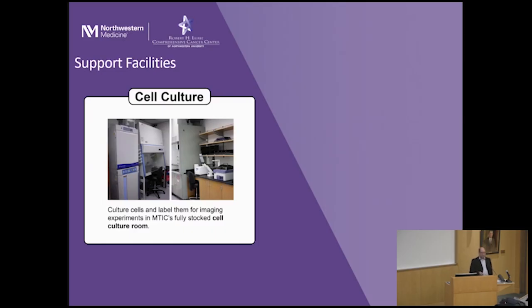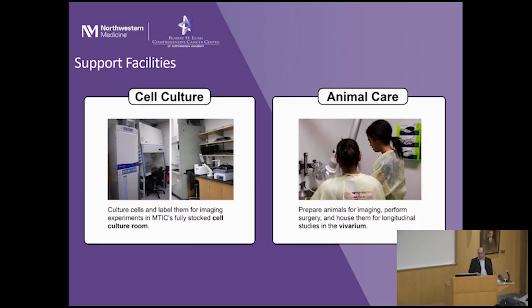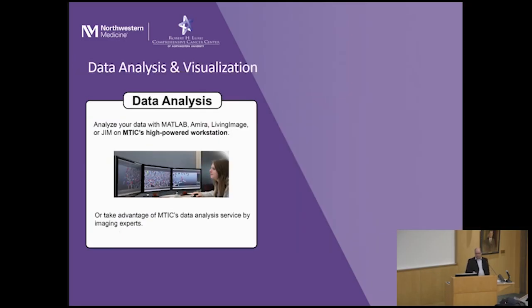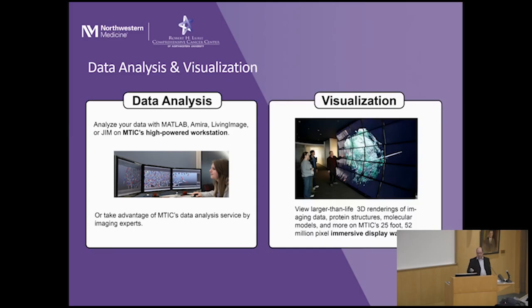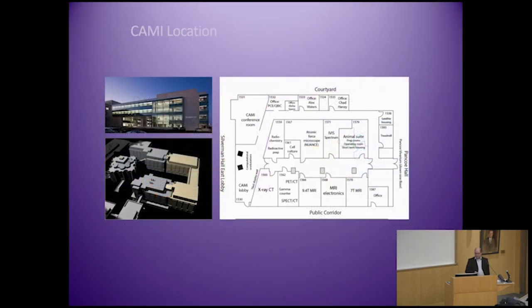We have cell culture room infrastructure on the Evanston campus, and we have our own vivarium in the Center for Advanced Molecular Imaging, so there's direct CCM animal care there. We offer data analysis, both training users how to do it, and of course we develop our own methods. And on the Evanston campus we have this 25-foot 3D wall where we can display images.